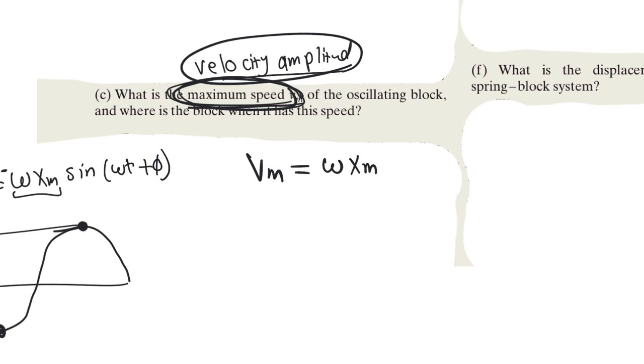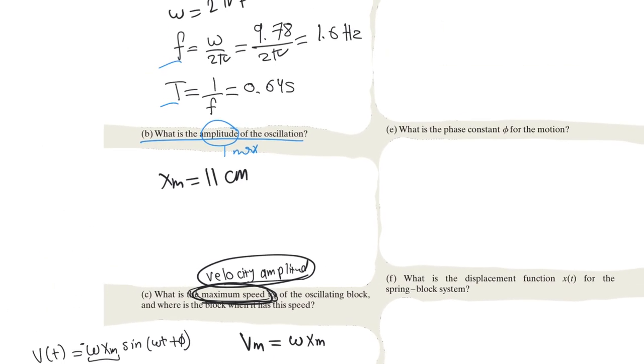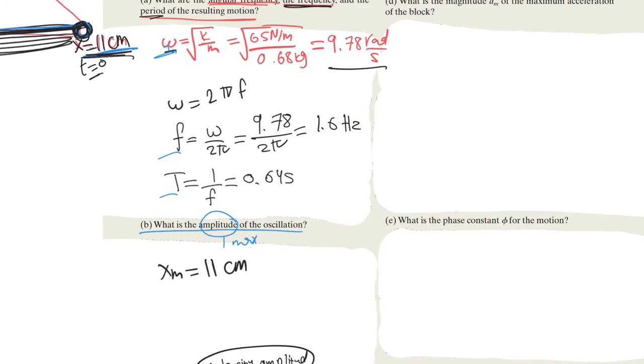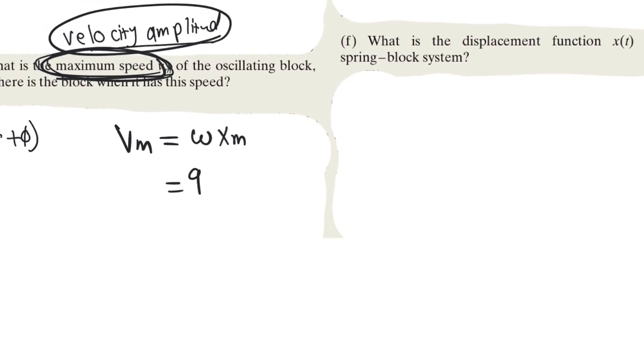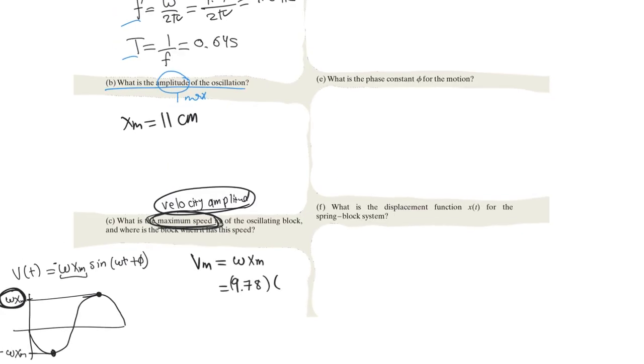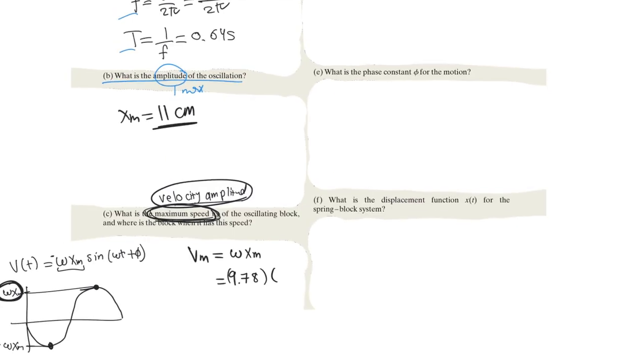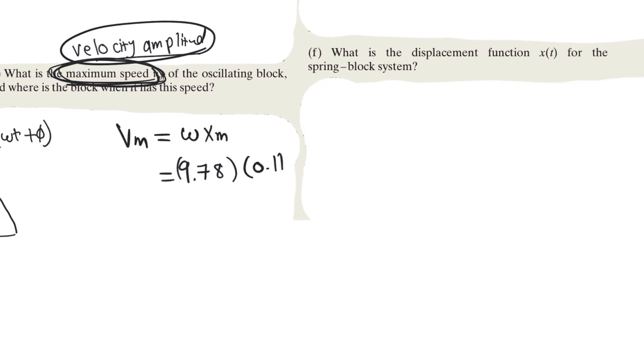Okay, so the omega, we calculated the angular frequency here, 9.78 multiplied by xm, which is 11 centimeters, which is 0.11 in meters. This will give us 1.1 meter per second.